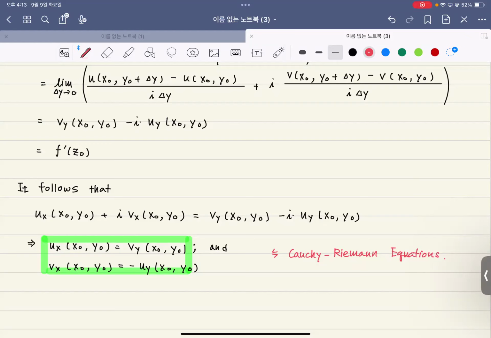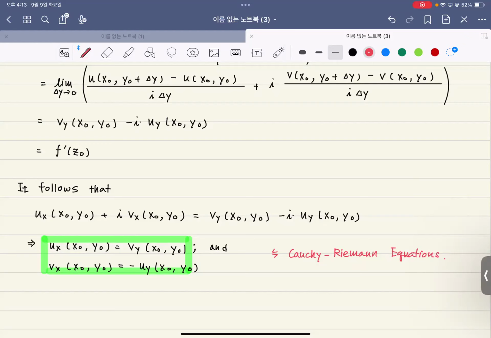Even if your complex valued function is real differentiable, if it does not satisfy this pair of equations, the Cauchy-Riemann equations, then that is evidence that your function is not complex differentiable.